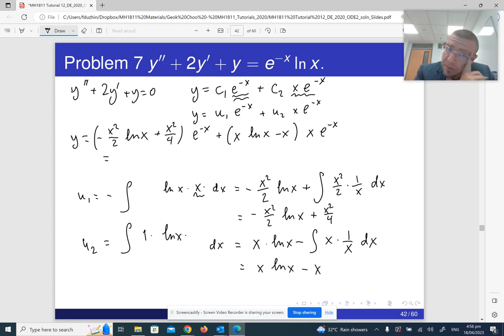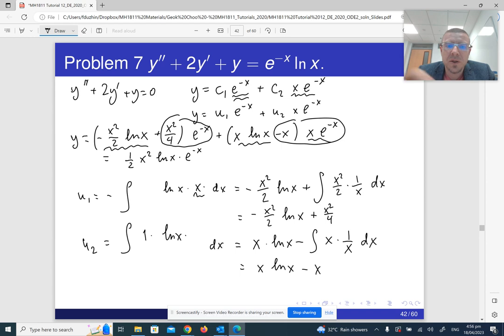Alright, so now let me combine together all the terms with x squared e to the minus x and ln x, and it's this term and this term, right? So I have minus 1 half plus 1 is going to be 1 half x squared ln x times e to the minus x. Alright, and now I'm going to just look at x squared times e to the minus x, and I have these two terms, so I have 1 quarter minus 1, so it's going to be minus 3 quarters x squared times e to the minus x, right?